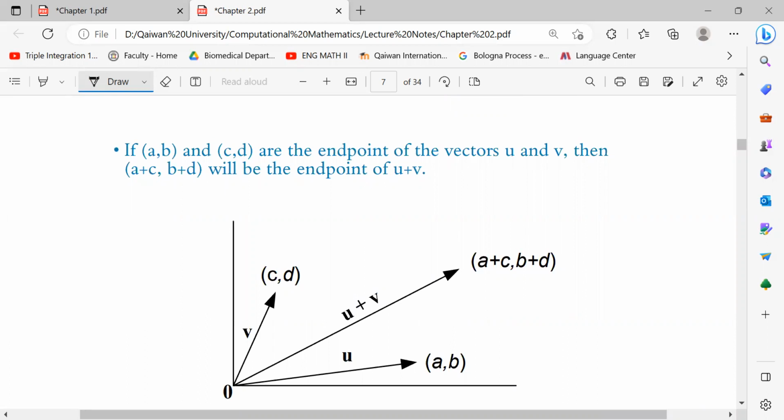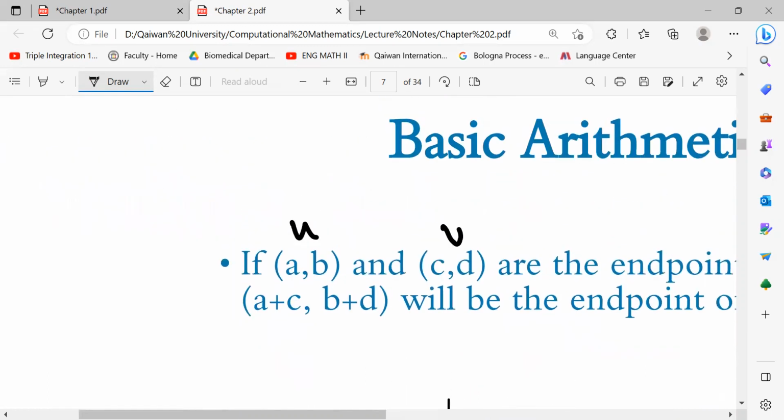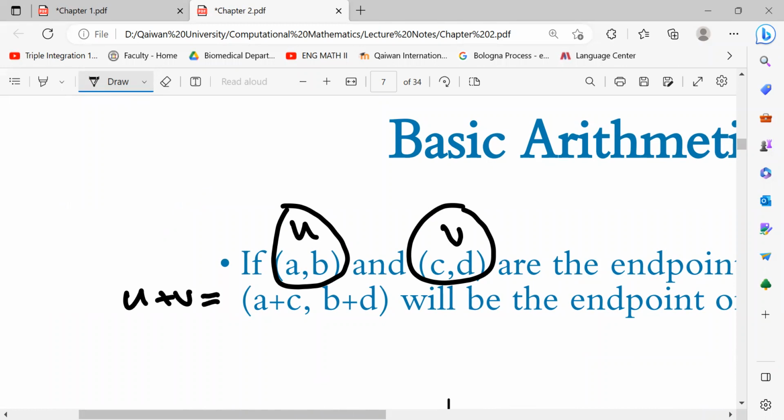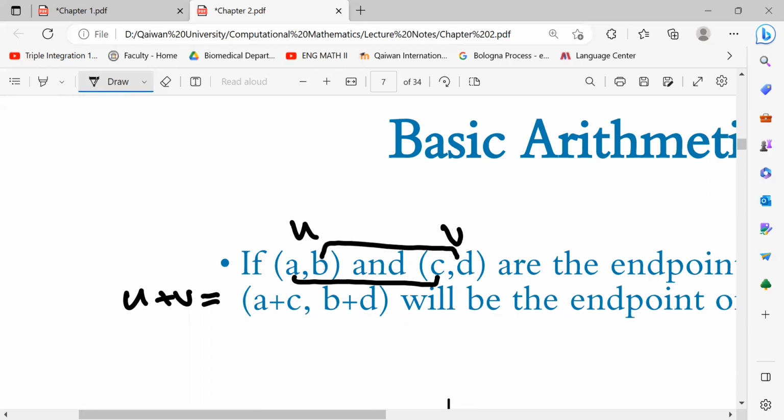We now have adding two vectors. If u is this vector and v is this vector, then u plus v is adding these two vectors, component by component: a plus c and b plus d.